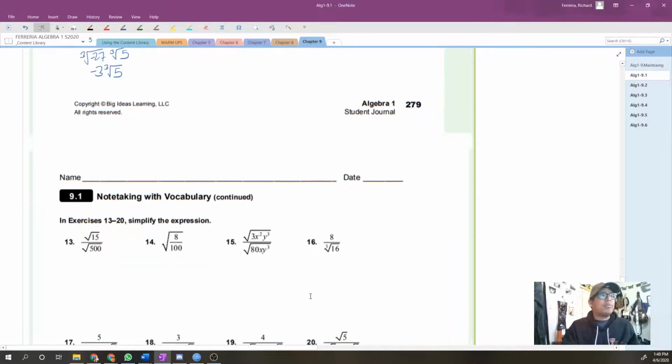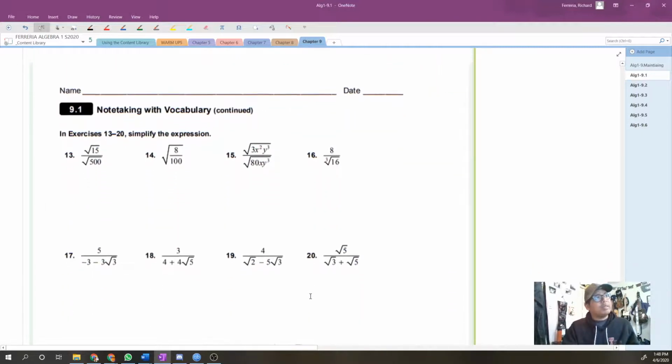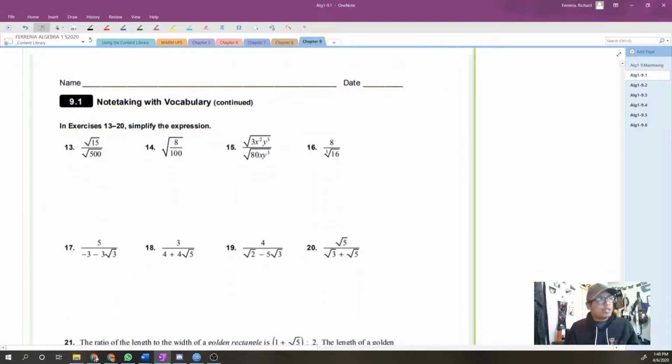Let's see what else we have. Simplifying these square root expressions, it's the same thing. You're going to break down each numerator and denominator separately. So we've got square root of 15 on top of square root of 100 multiplied by square root of 5. We know what the square root of 100 is.